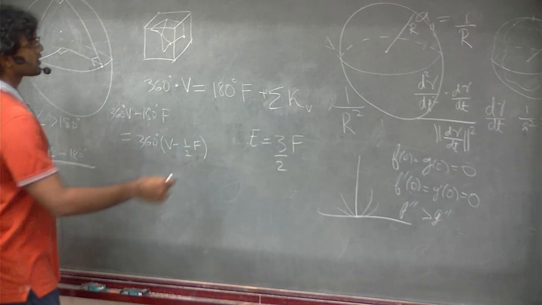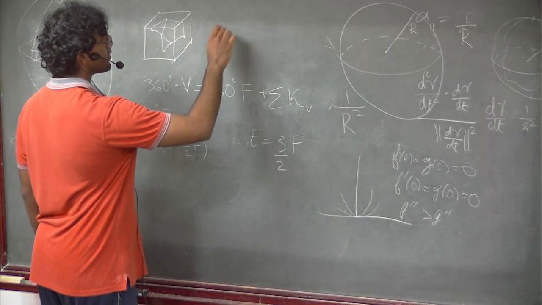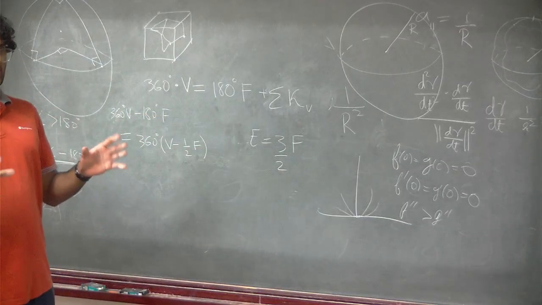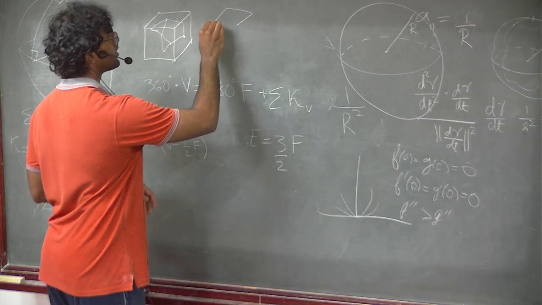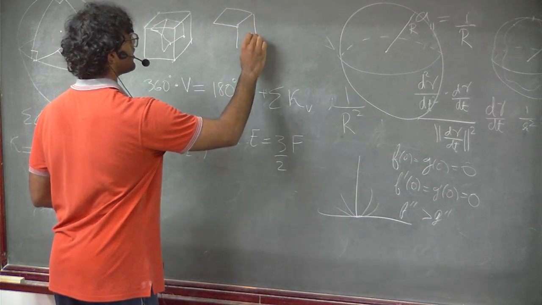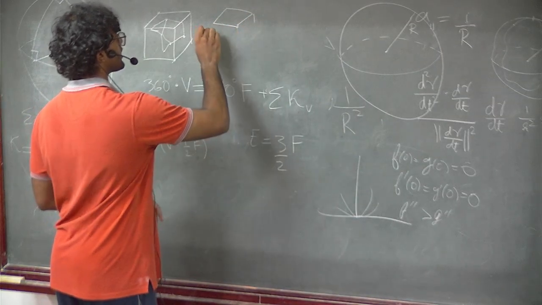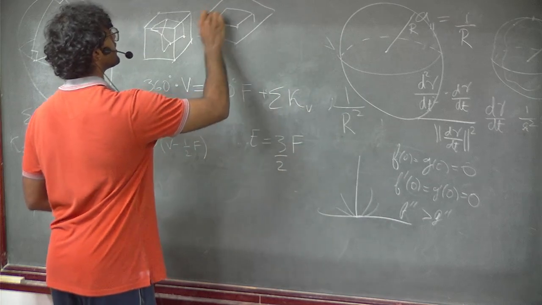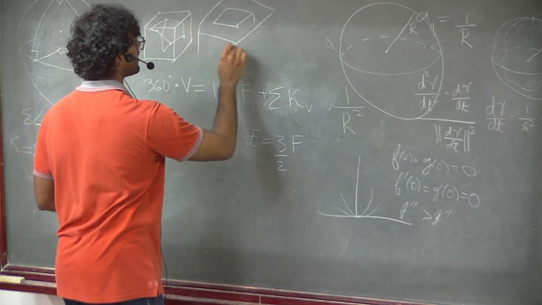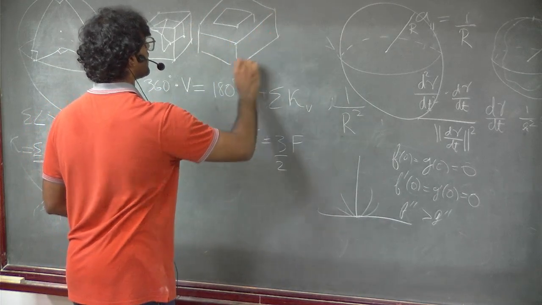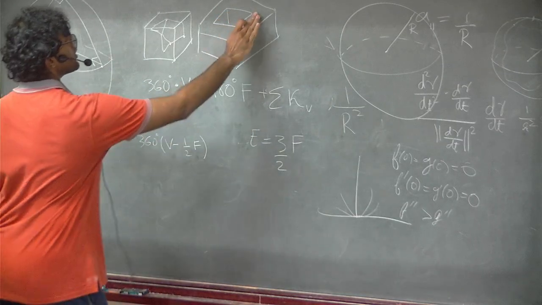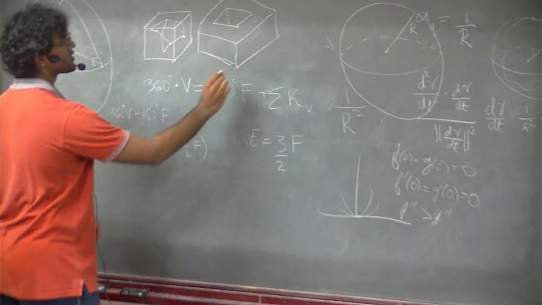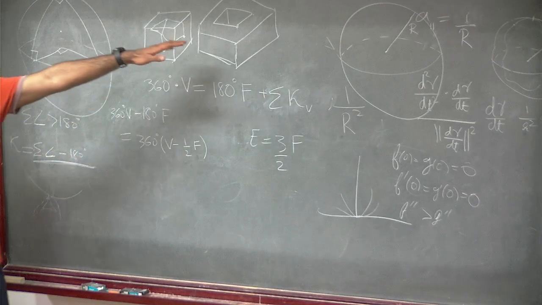By the way, when I say polyhedron, it could even be weird, like a blocky donut, and it works even for this.